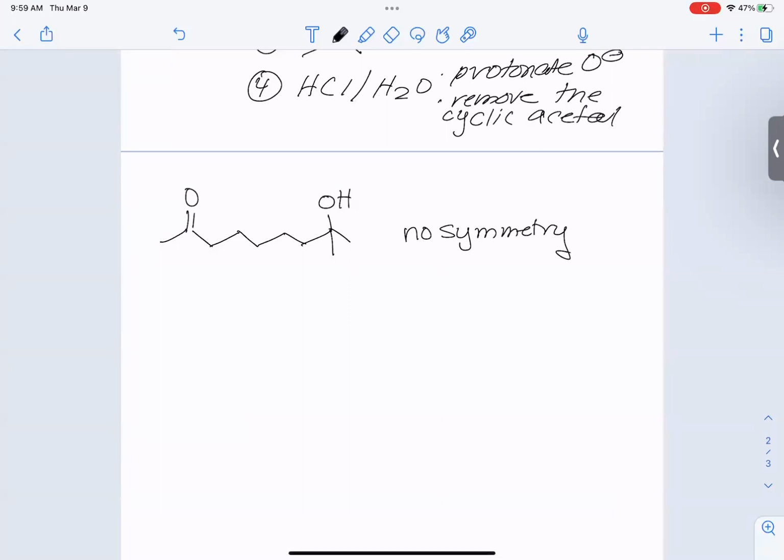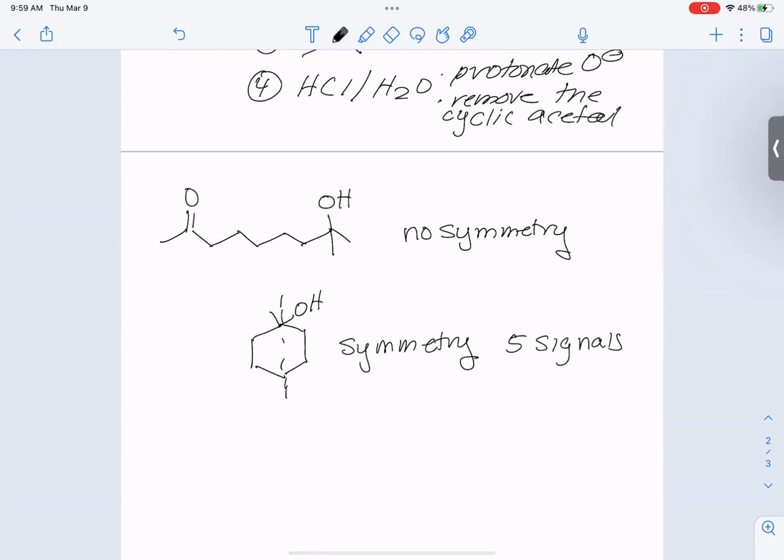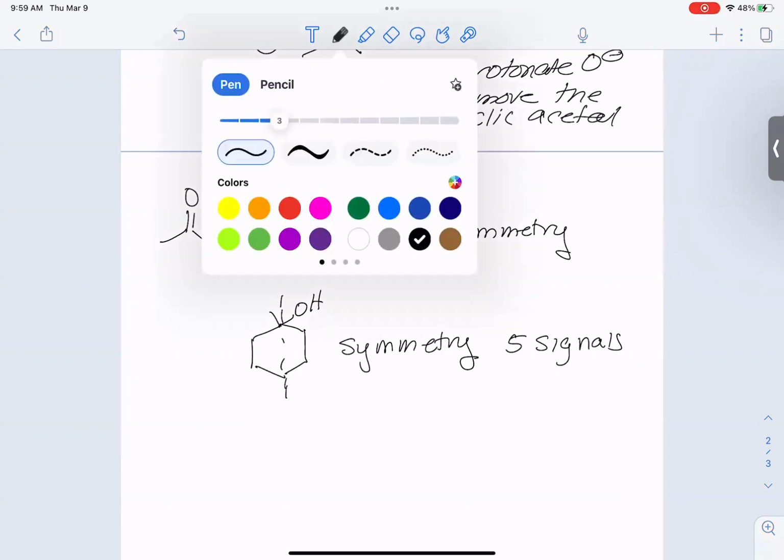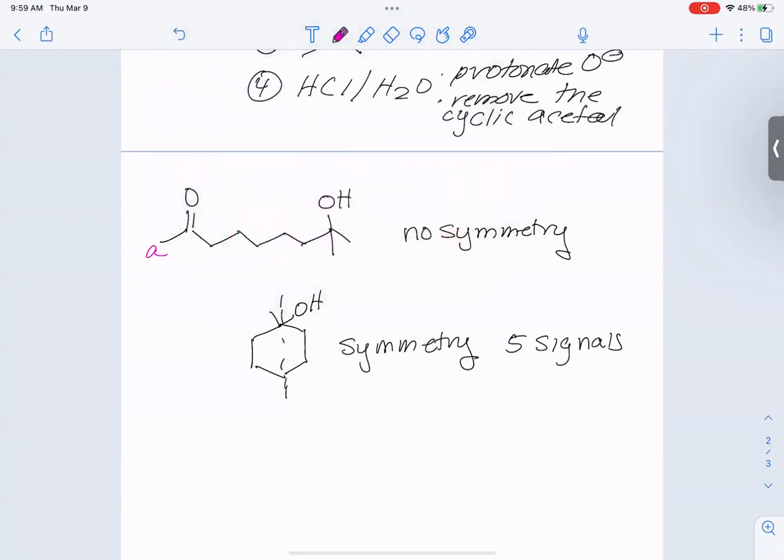In the undesired product, you had symmetry essentially through this carbon. So we had those 5 signals. Here you would have A, B, C, D, E, F. These 2 would be G, and that would be H. So just off the bat, you'd have an increased number of signals.